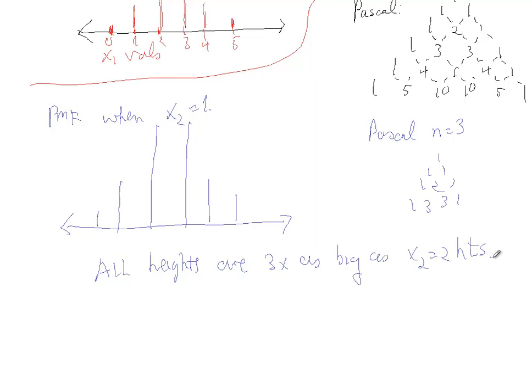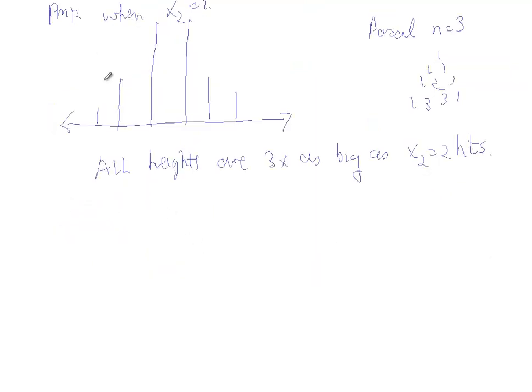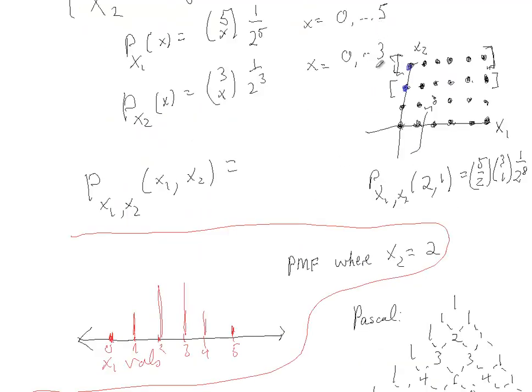Okay, so in a sense, when you have independence, you have similar cross sections. If I take a cross section of this distribution, just look at this constant x2 value, I'll get one cross section. No matter which horizontal slice I take, the PMF is going to look similar. It will be scaled up and down by different heights, but it's going to look similar.